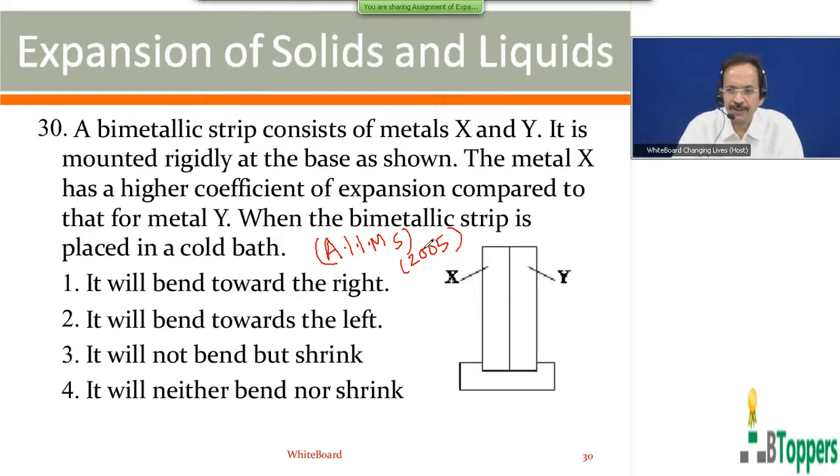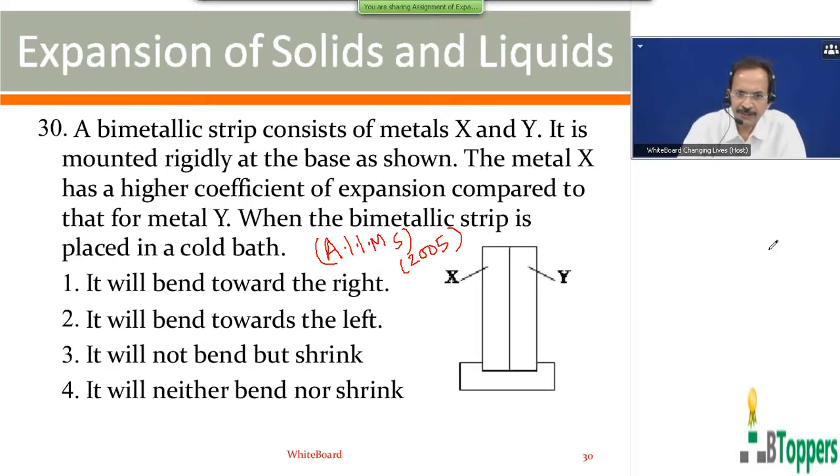So this question is based on the bimetallic strip which I discussed earlier. So look at question number 30. A bimetallic strip consists of metals X and Y. It is mounted rigidly at the base as shown.